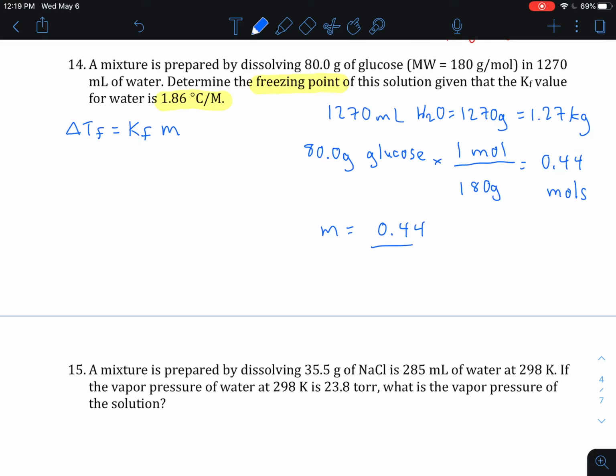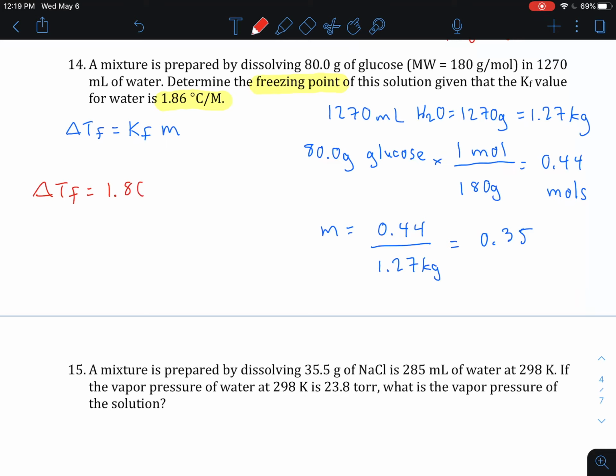And that's the solute. So now we're ready to solve for our molality, right? It'll be those moles, 0.44 divided by the mass in kilograms of the solvent. So 0.44 divided by 1.27, that gives me 0.35.